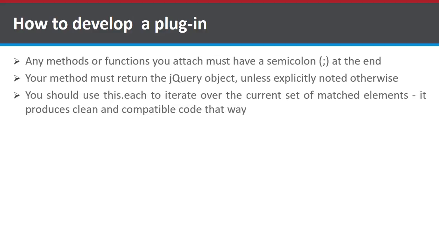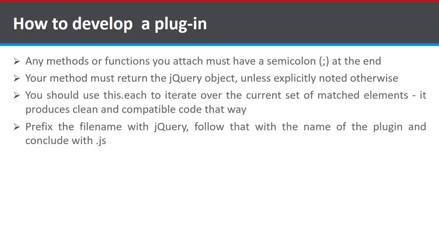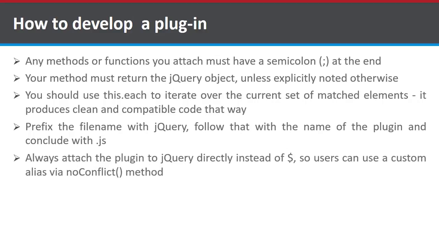Third, you should use this.each to iterate over the current set of matched elements. It produces clean and compatible code that way. Fourth, prefix the file name with jQuery, follow that with the name of the plugin and conclude with .js. Always attach the plugin to jQuery directly instead of $, so user can use a custom alias via noConflict method.